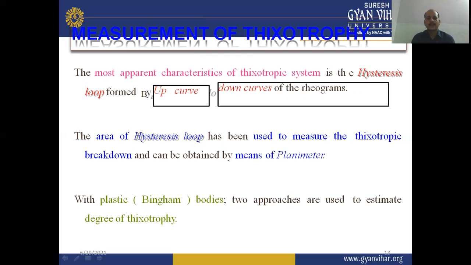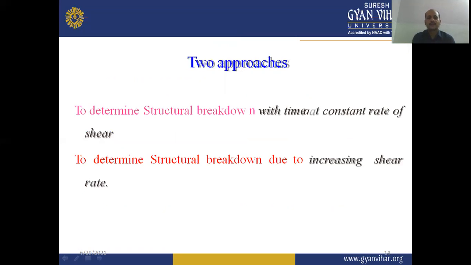With plastic systems, which are known as Bingham bodies, two approaches are used to estimate the degree of thixotropy. The first approach is to determine structural breakdown with time at a constant rate of shear.